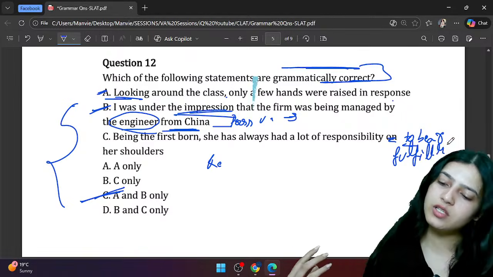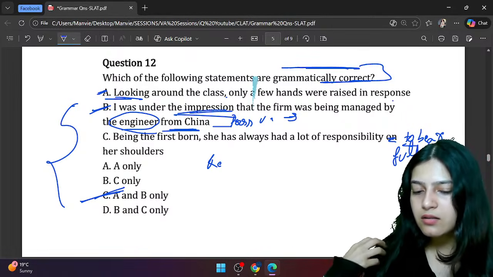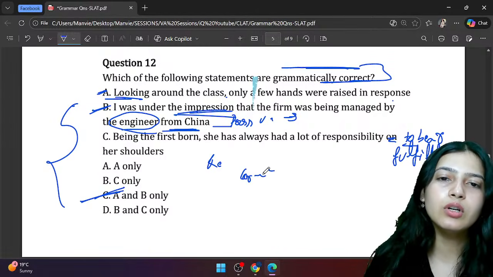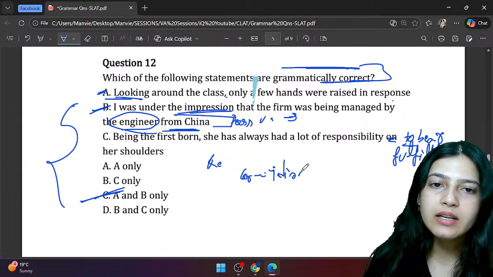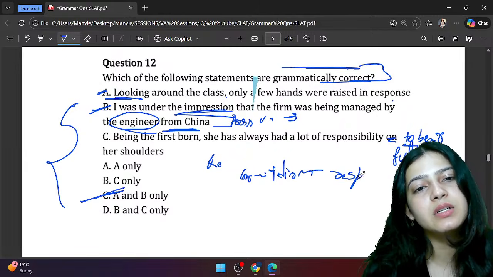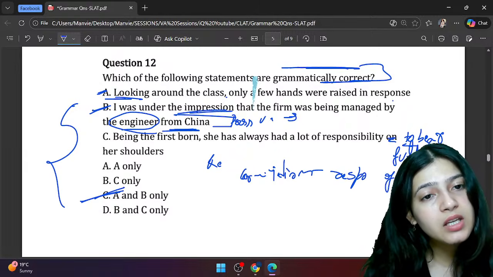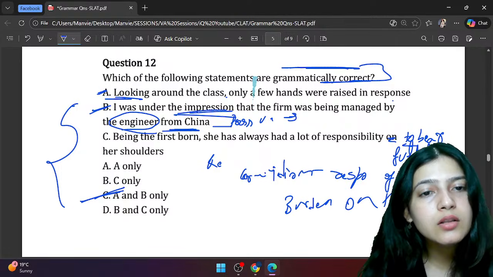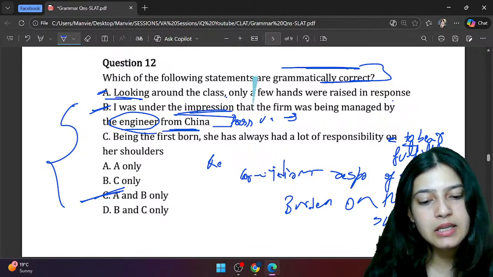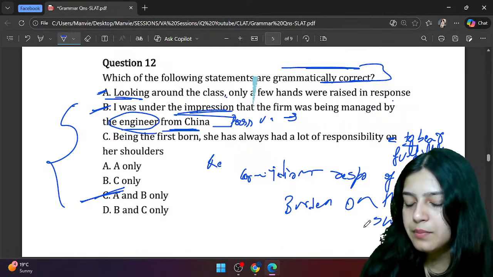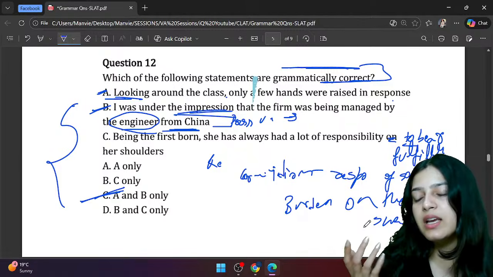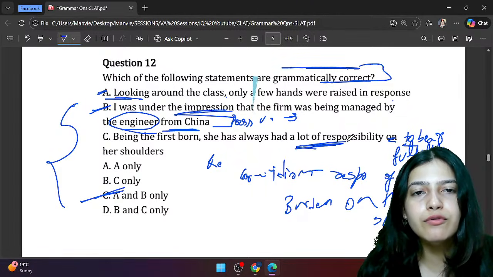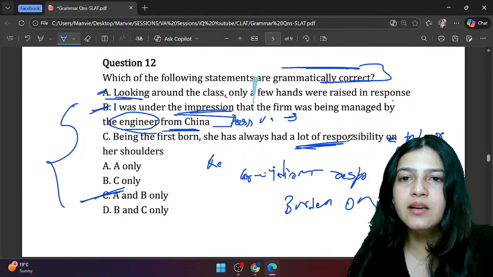It is never responsibility on the shoulder. The correct idiom is responsibility of something, and then burden on the shoulders, okay. Idiomatic prepositions are a common trap basically, so you need to focus on these things as well, okay.